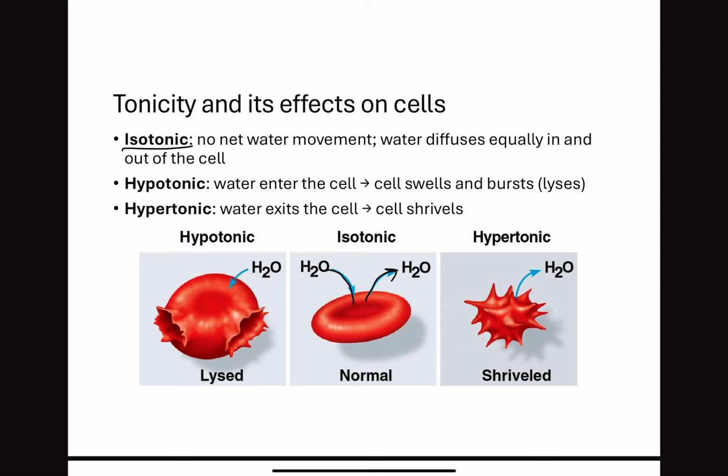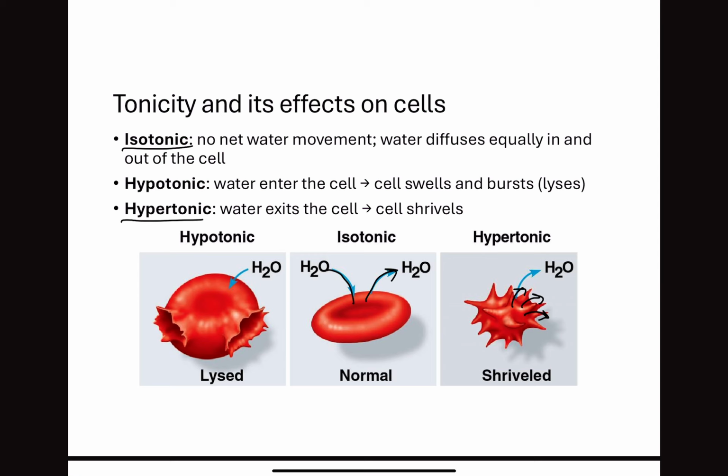But if we have a cell that is immersed in a hypertonic solution, hypertonic relative to the cell, what's going to happen is that the cell is going to lose water rapidly, and the cell is going to shrivel, and it may even die. An example of this is an increase in the salinity of a lake.